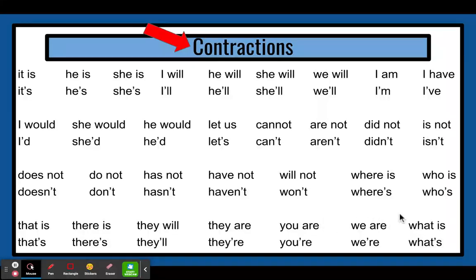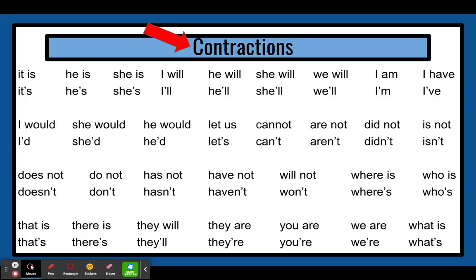I will not play with fire. I won't play with fire. Sometimes it's hard to think of a sentence. Okay, we have where is becomes where's.